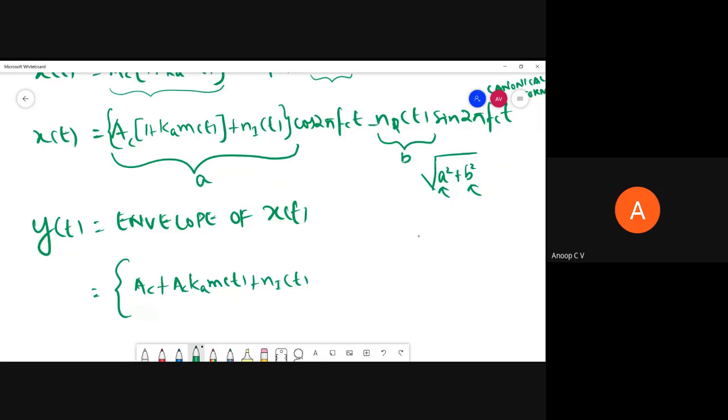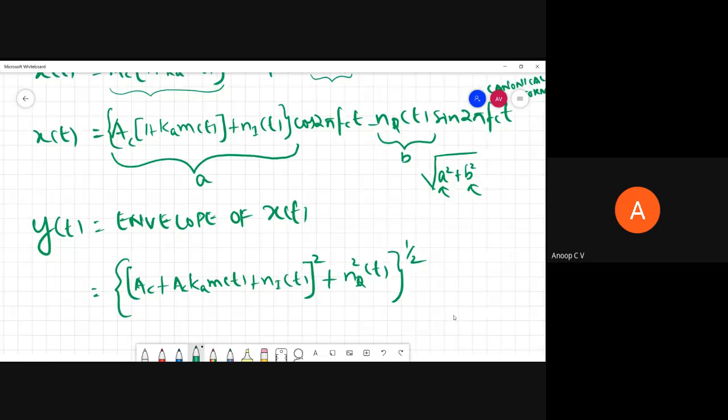This is the in-phase component, so I should put it inside the bracket and square, plus nq square of t, this entire thing to the power half, under root of this. And representing it in canonical form is equivalent to representing it in Cartesian form, right? So its magnitude or envelope can be found as root of a square plus b square. So this is the envelope.